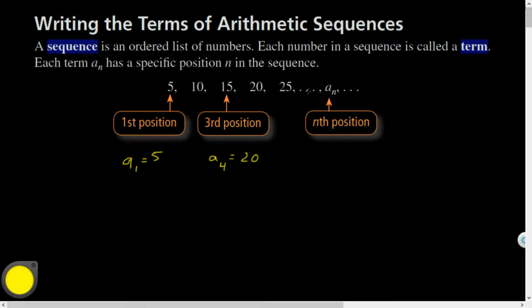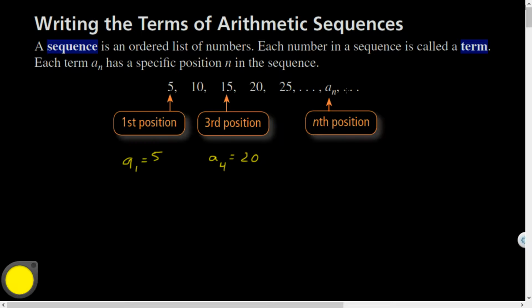So here it goes on for a while, and then I might refer to the nth term in the list. Maybe there's a formula to calculate the nth term in a list, and then n could be 4, or n could be 100, or whatever value.